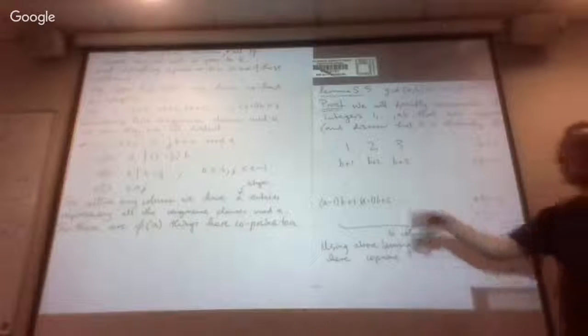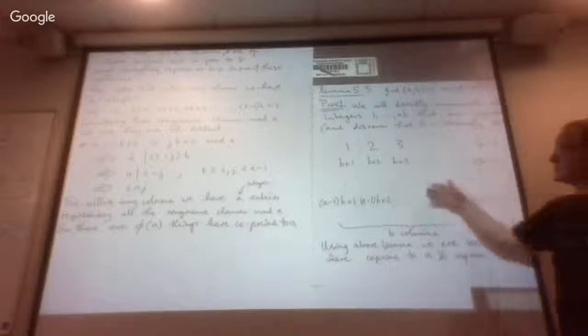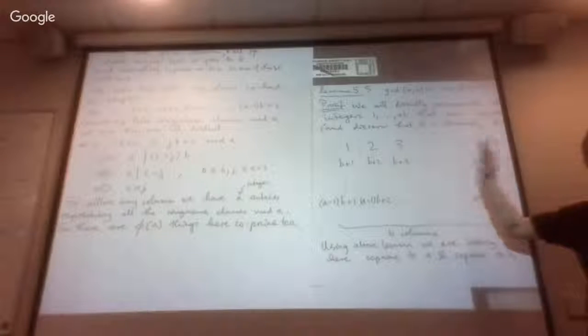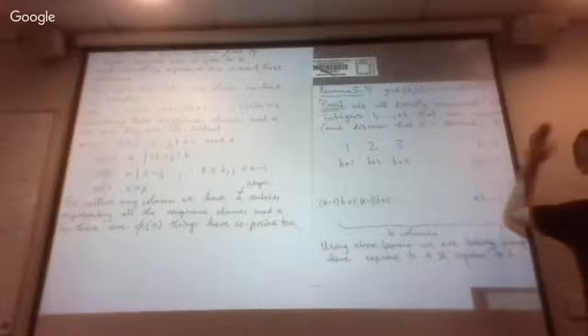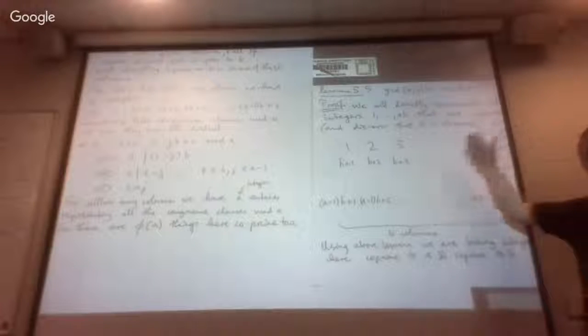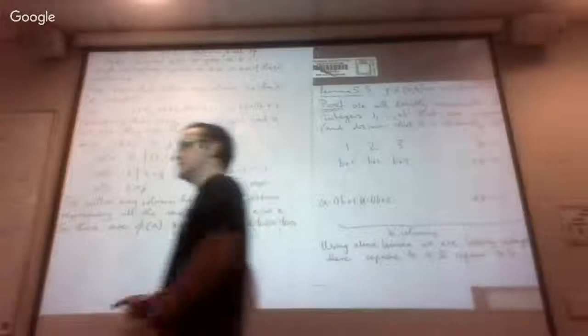So the things we're counting are located in some of the columns and some of the rows. To count the total number of them, you just multiply the number of good columns by the number of good rows. So you get phi of b times phi of a.